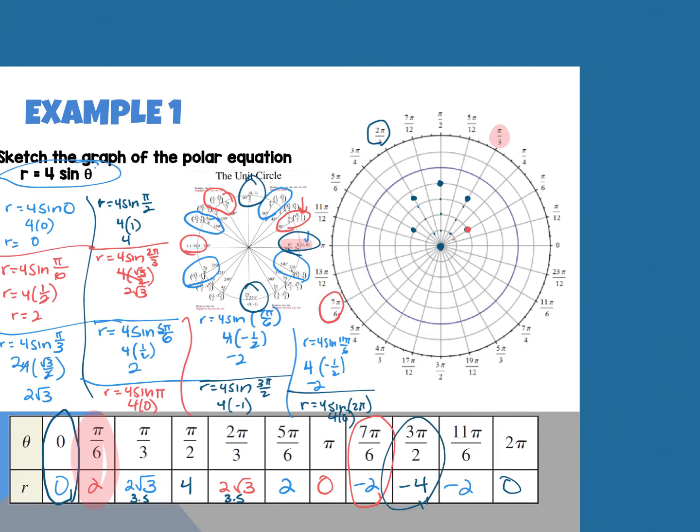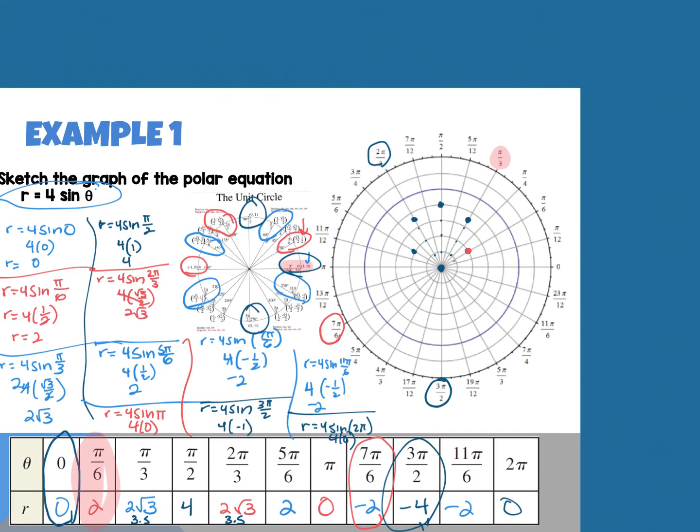Then I'm at 3 pi over 2, negative 4. 3 pi over 2 is down here, but negative 4 brings me back up to the coordinate point I already have. (11 pi over 6, negative 2). 11 pi over 6 is on the right in that fourth quadrant, but the negative 2 brings me back across. And then the last one I've got is 2 pi, and it's back at 0.